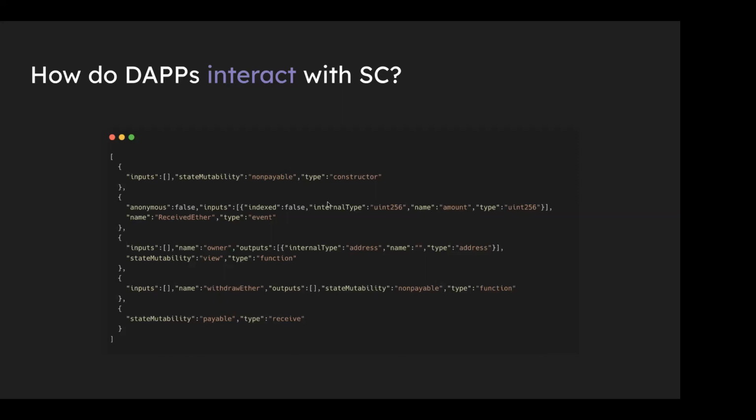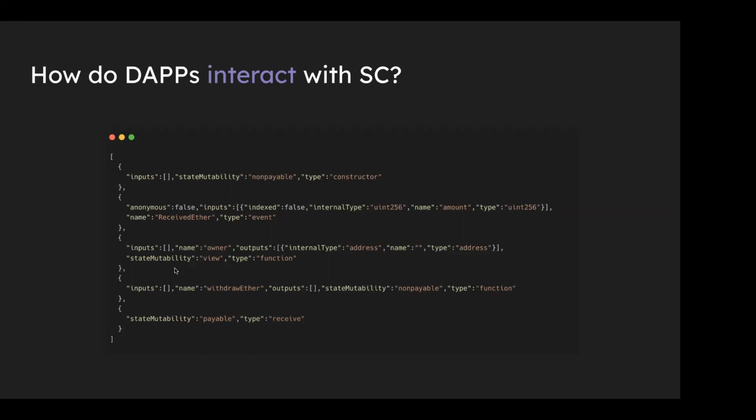So there are two types, and right now they match, but there are certain types that EVM and Solidity differ on. So for example, for Boolean, the internal type will be Boolean, but the actual type will be uint8.